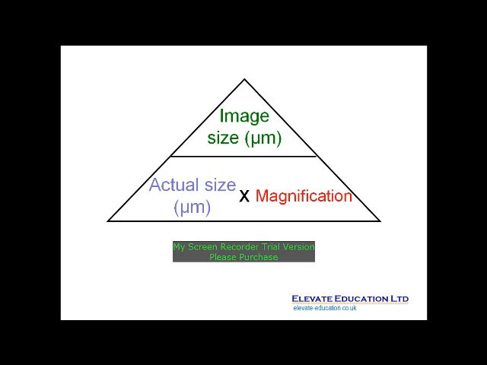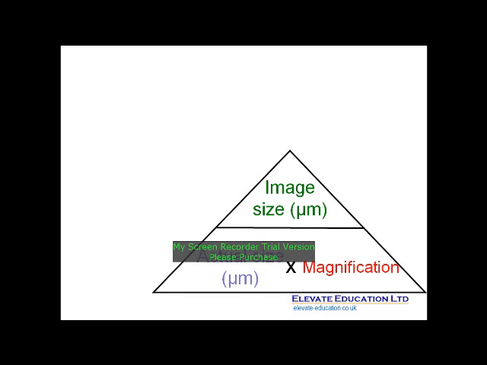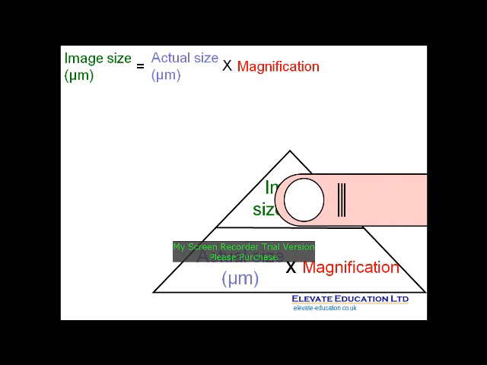The way we use this triangle, we cover up with our finger the thing that we're trying to work out. So, if we're trying to calculate the image size, how large something is going to appear in an image, we can cover up image size in our formula triangle, and that will tell us what we need to work out. So we can see image size is equal to actual size multiplied by magnification.